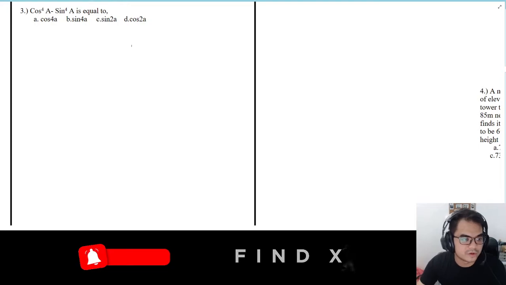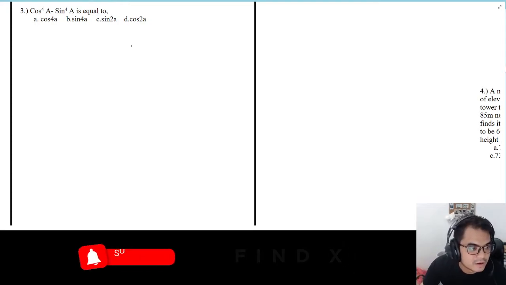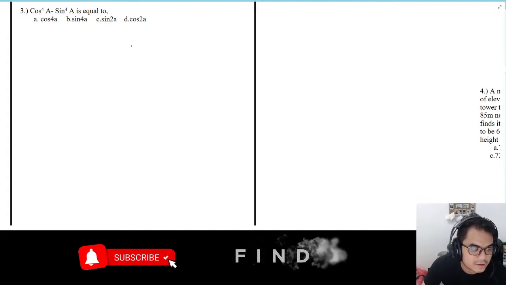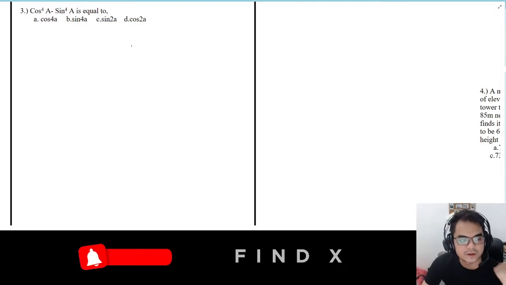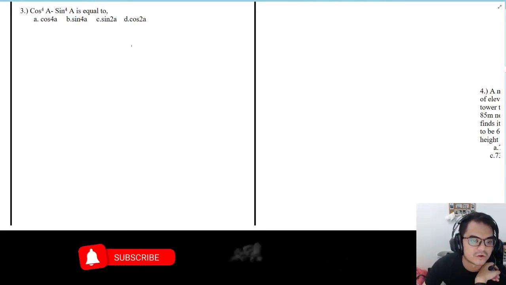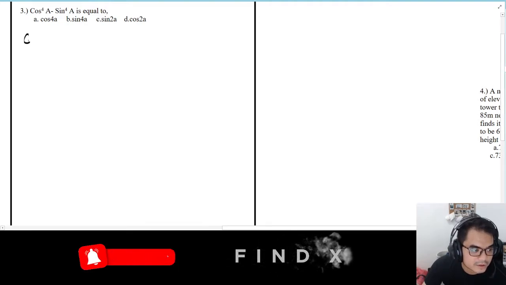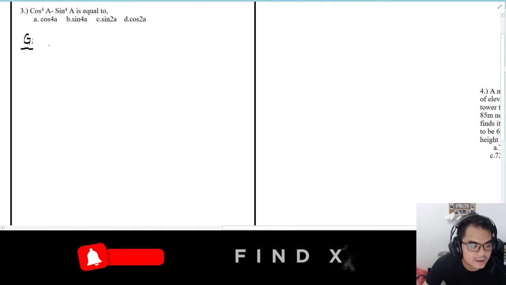So we have for number 3, cosine raised to 4a minus sine a raised to 4 is equal to, okay, so we have choices of cosine 4a, sine 4a, sine 2a, and cosine 2a. So you have to use here your trigonometric identities.